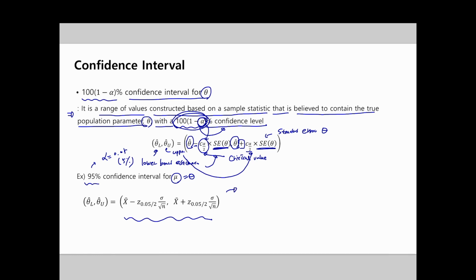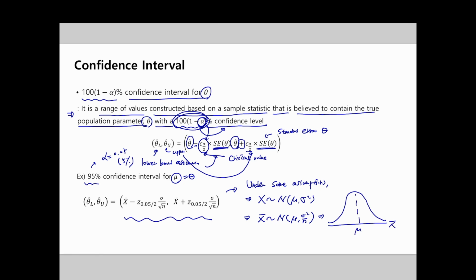Under some assumption, X follows normal with mean mu and variance sigma square, then x bar also follows normal with variance sigma square over n. So this probability equals 1 minus alpha. It means the confidence level.